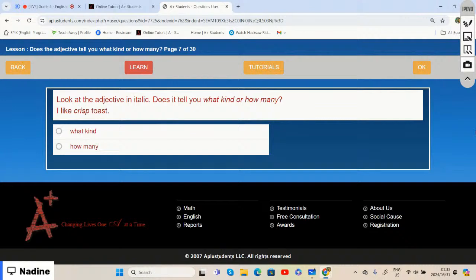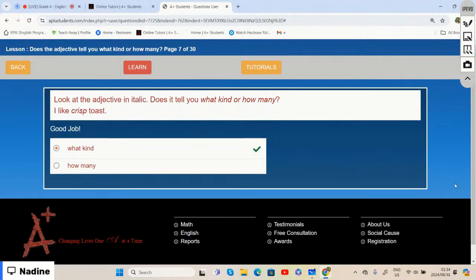So I like crisp toast. The word in italics is crisp. Does it tell us what kind of toast, or does it tell us how many toast? If we were to choose the correct one, it is option one. What kind of toast? It is crisp toast. So well done. Option one is correct.